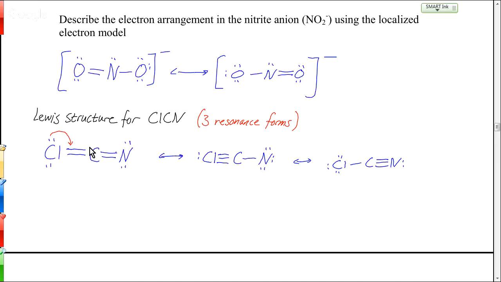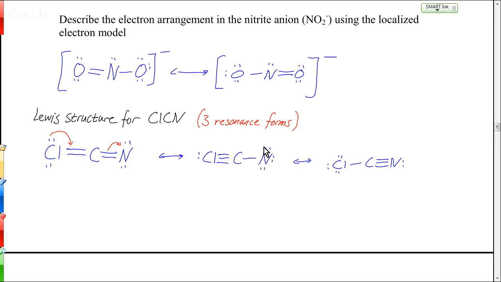If we put that here, now this carbon would have too many electrons. Everybody see that? It would have 10 instead of 8. So we need to release one of these to make room for it. It's almost like it pushes the other one out of the way because it's already full. So if we push this one out of the way, it jumps over to the nitrogen, and that's how we get this one.